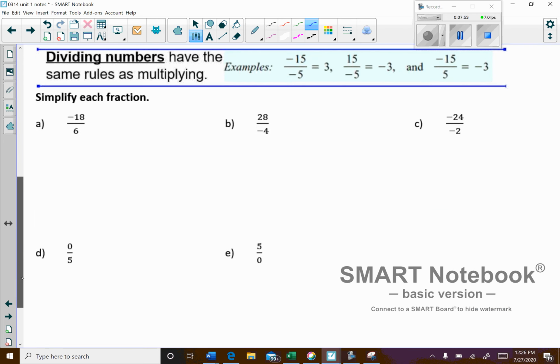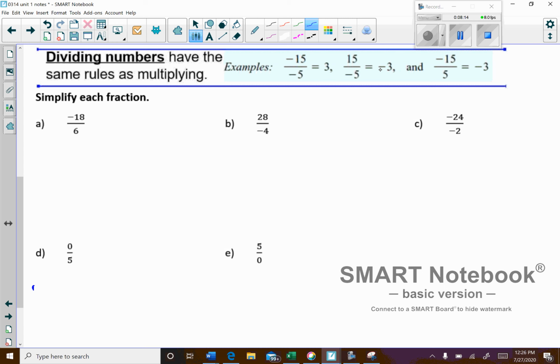Okay, dividing is going to work the same way as the multiplication rules. If they're both negative, the result is positive. If one's negative, it doesn't matter if it's the numerator or the denominator, the result will be negative.